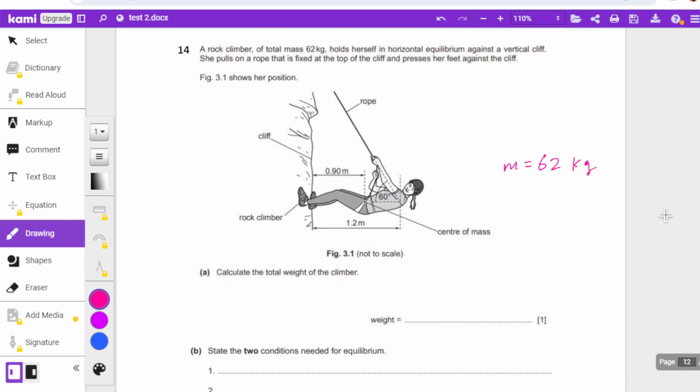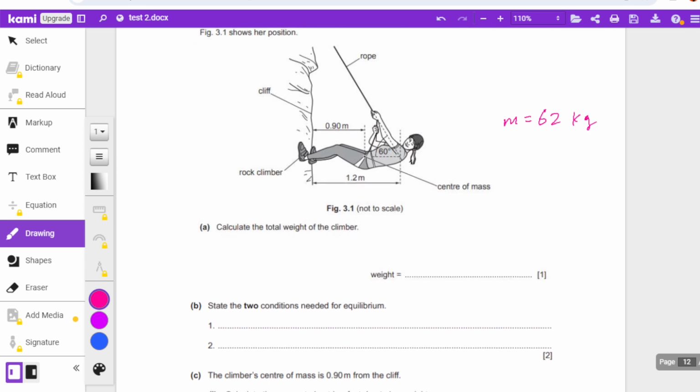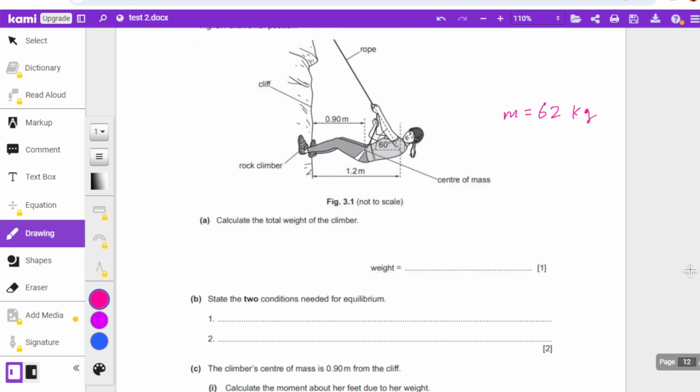This figure shows her position. Calculate the total weight. As you know, weight equals mass multiplied by gravitational field strength. Mass is 62, and gravitational field strength is 9.8 on the Earth's surface.